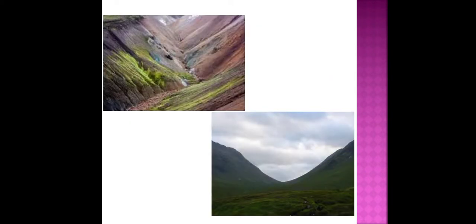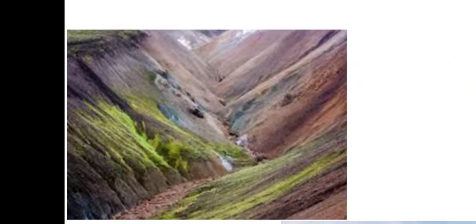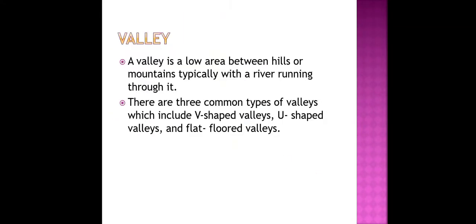So in the first picture, you can see that it starts from upward and then comes towards the downward, and then starts from downward and moves towards the upward. So that is certainly a V-shaped valley. As we have talked about, a valley is a low area between hills or mountains, typically with a river running through it.